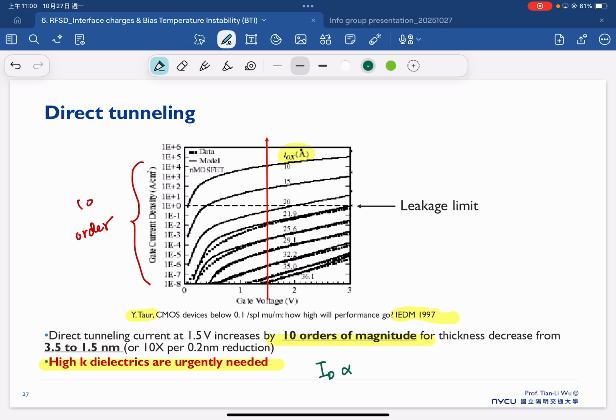As already said, the drain current is proportional to the oxide capacitance, which is equal to the dielectric constant over the thickness. So the reason why we want to continue to scale down the dielectric is that we want higher output current. But if we can use a high K dielectric, then we don't have to keep scaling down the dielectric, because we can use a high K material to boost the current as well.